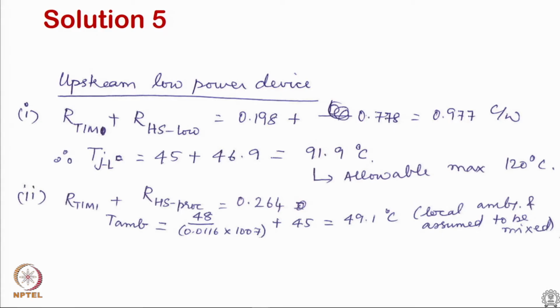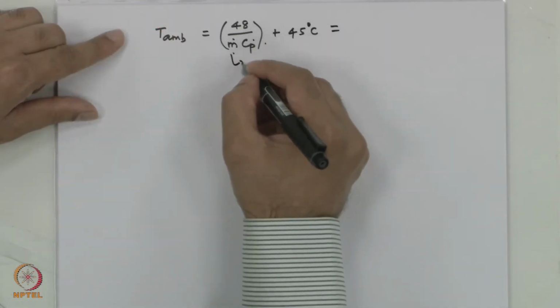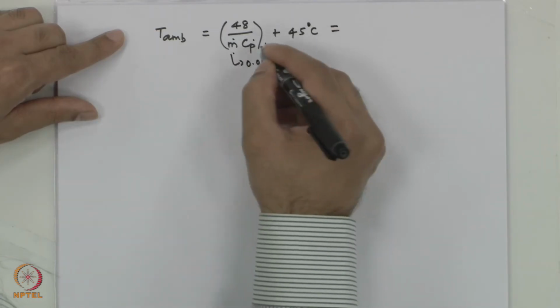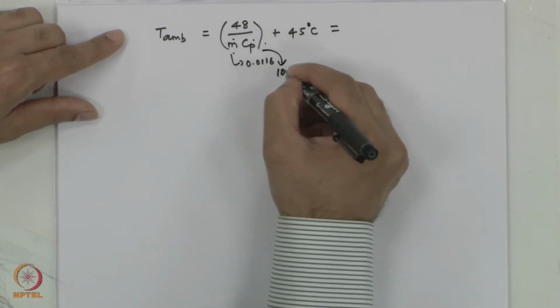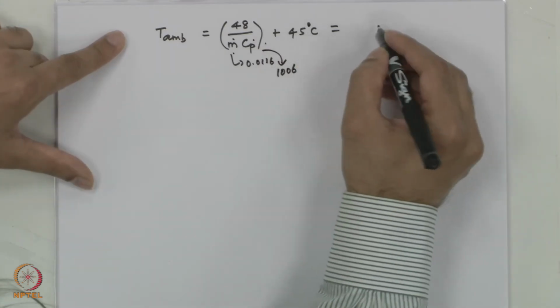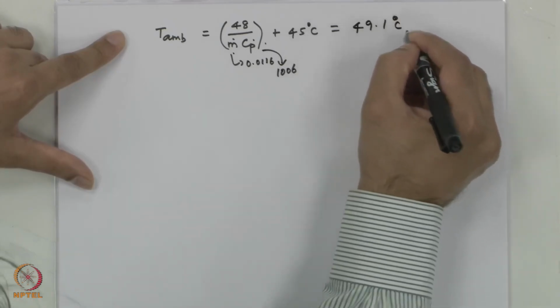So, using energy balance m dot C sub p, we know the temperature rise across the low power device plus the ambient temperature 45 degrees Celsius. So, m dot is known, 0.0116, Cp is known, 1006. So, we can calculate this to be 49.1 degree Celsius.